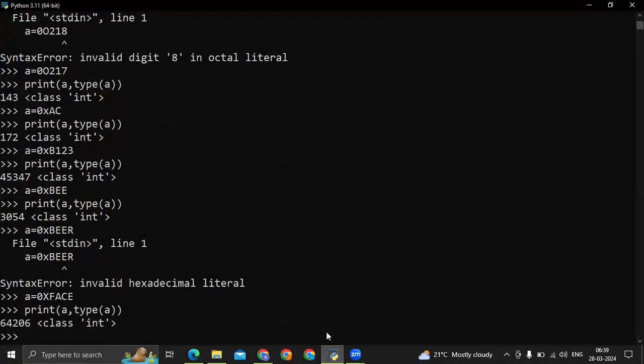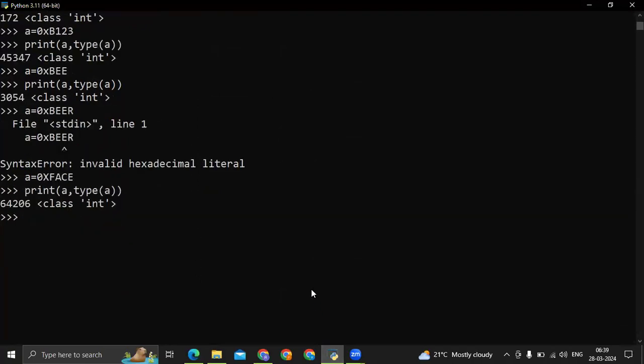The purpose of the float data type is to store real constant values or floating point values. Floating point values means numbers with decimal places. Now, if I write A is equal to 12.34, now print A, type of A. See, this is class float.